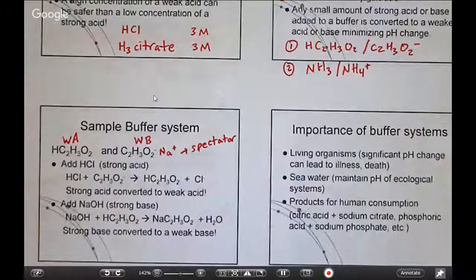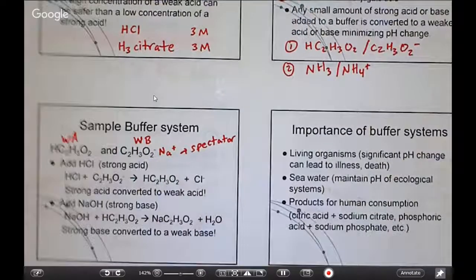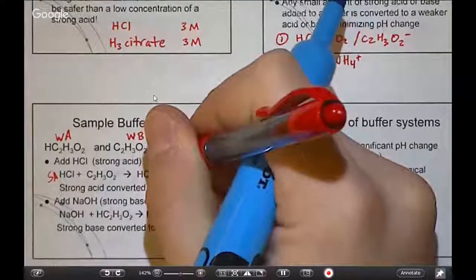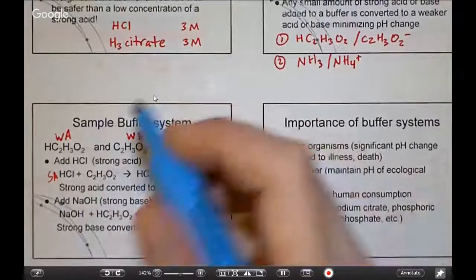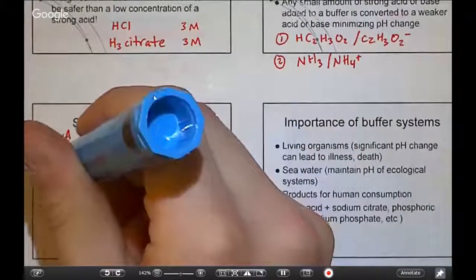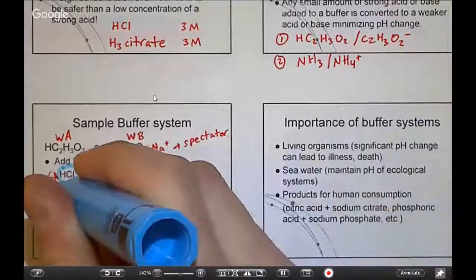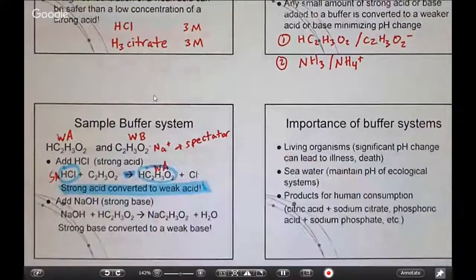But the thing here, if you notice, we have a strong acid with HCl, and it gets converted to the weak acid in the process. So strong acid gets converted to a weak acid.